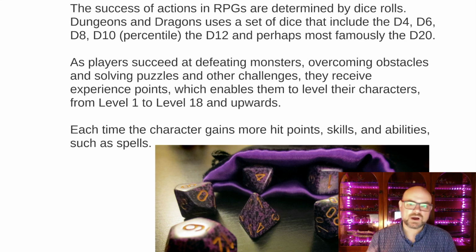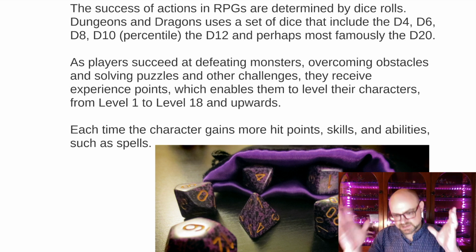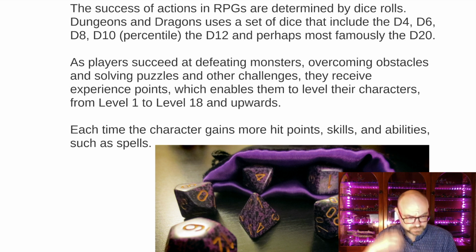One of the reasons why players like getting into Dungeons & Dragons is because you get different types of dice. You get the D4, the D6, the D8, the D10, the D12, and most famously, the D20. And a whole range of different tables. Most of the dice are used to determine damage.